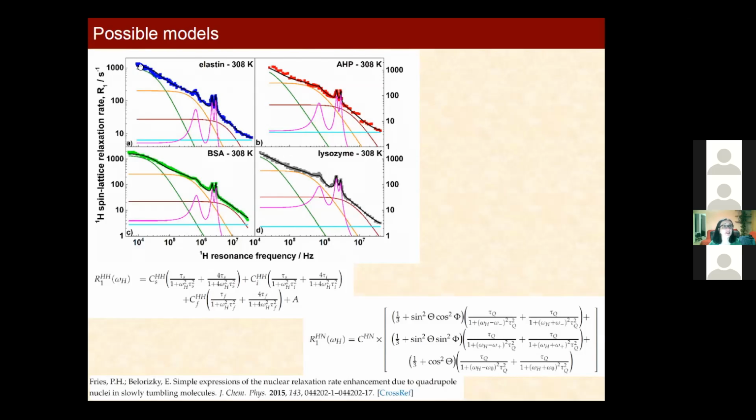Because what we have done here is just, as I said, we have proton-proton and proton-nitrogen relaxation contributions. So, as far as proton-proton relaxation contributions are concerned, we just more or less decompose the contribution into three processes plus a constant. So just three Lorentzian processes.